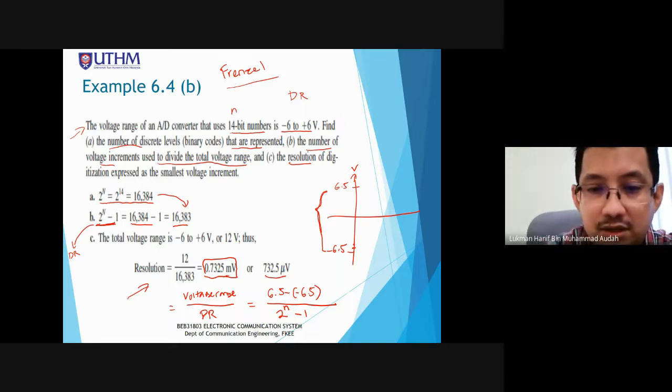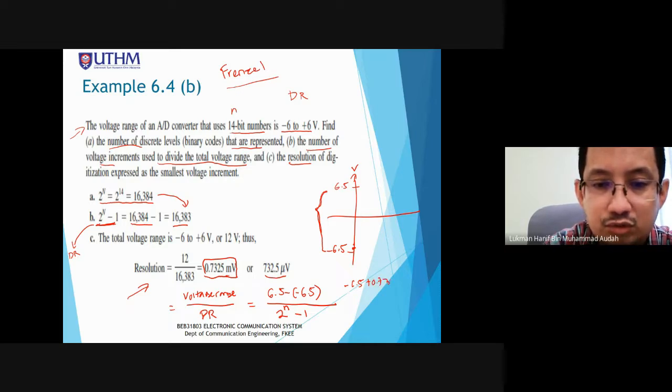Maknanya satu level di atas minus 6.5 adalah minus 6.5 plus 0.7325 millivolt.